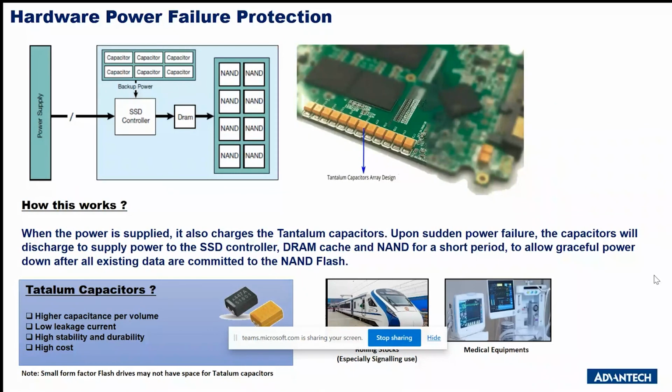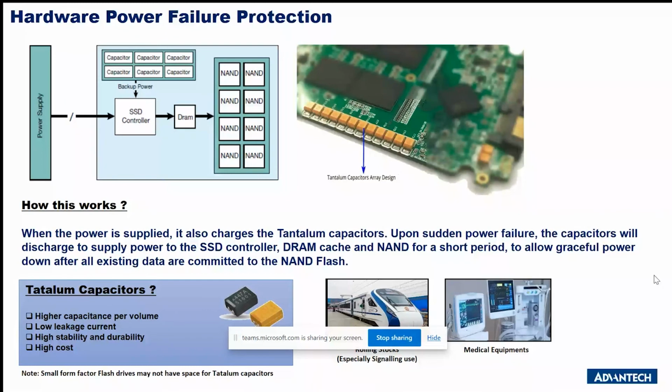Now, another approach is hardware power failure protection. This involves adding a titanium capacitor into the design. How does it work? When the power is supplied, it also charges the titanium capacitor.